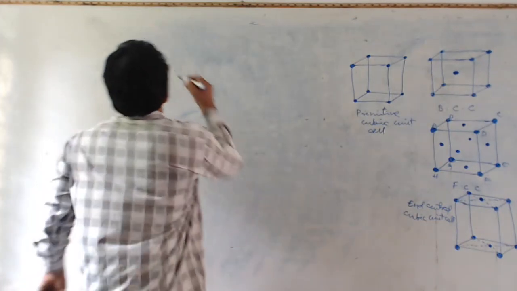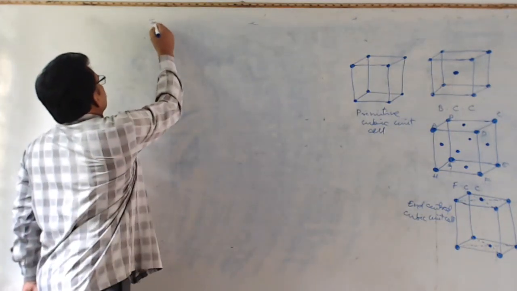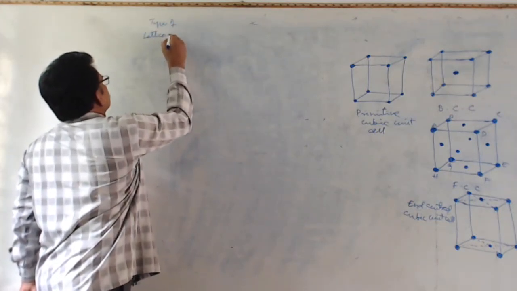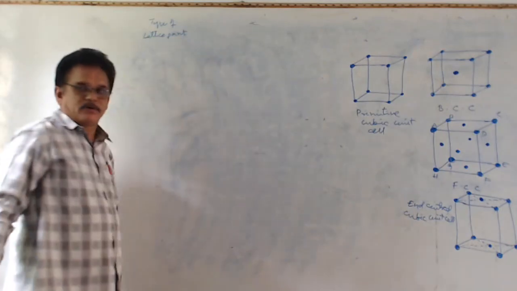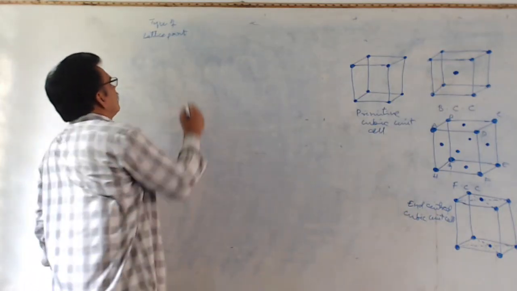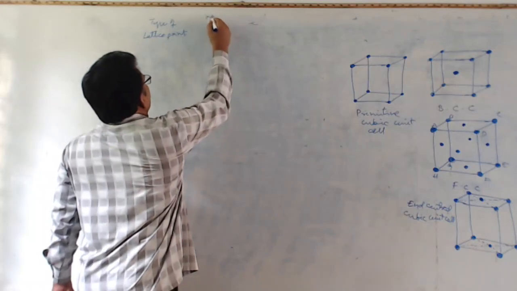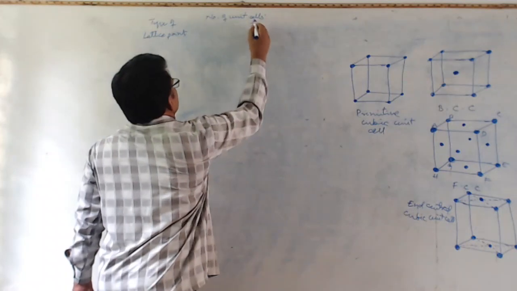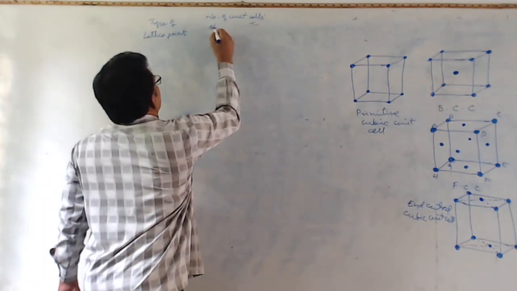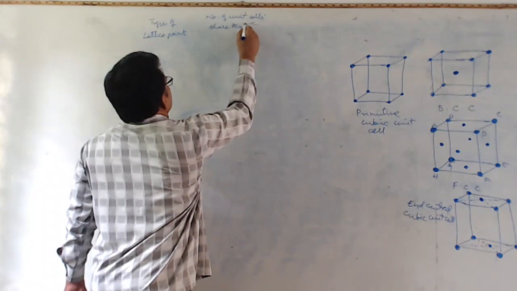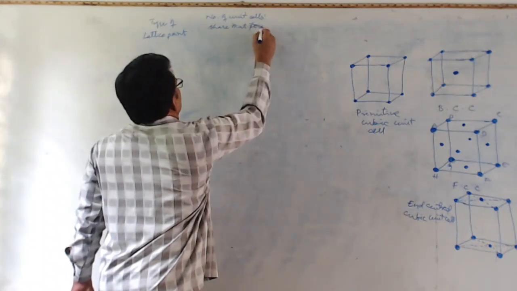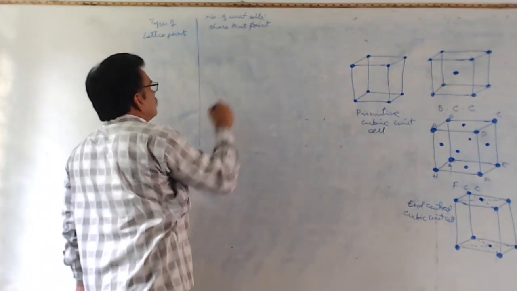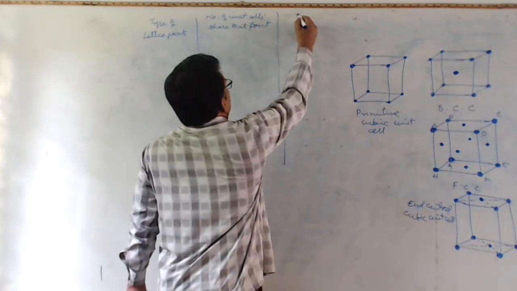Okay. So now we'll take the type of lattice point, the number of unit cells that share that point, and the contribution to each unit cell.